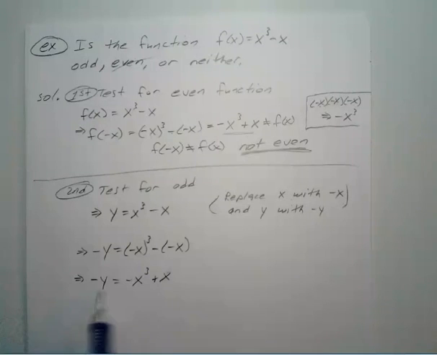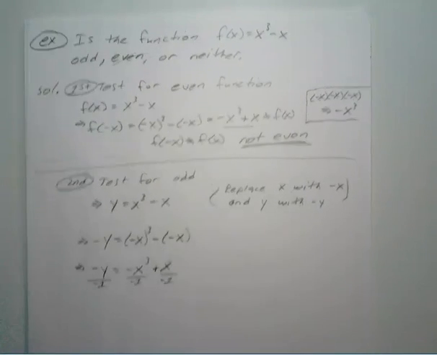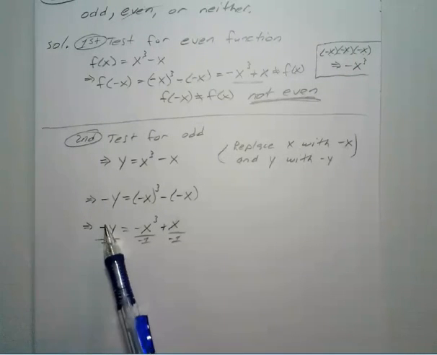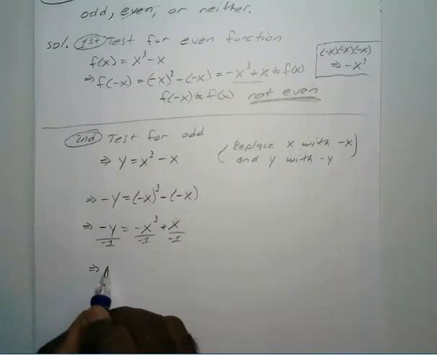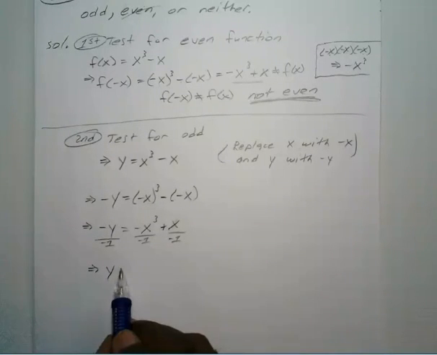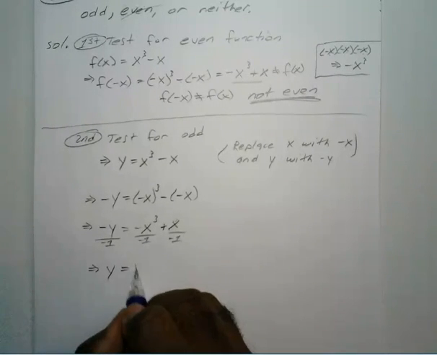Okay, so if we divide or multiply each one of these by -1, it doesn't matter if you multiply or divide, same thing. Negative divided by negative is positive, so you have y over 1, or just y, equals positive x to the third.